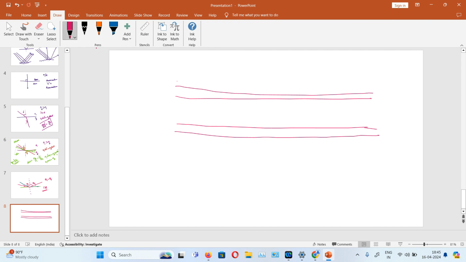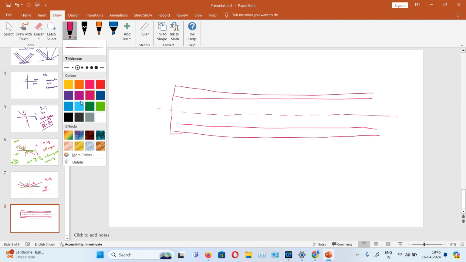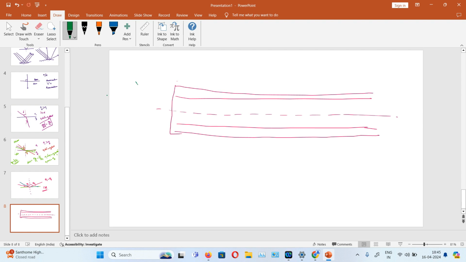So what happens? Just consider light is incident from air. It will cause some refraction here.